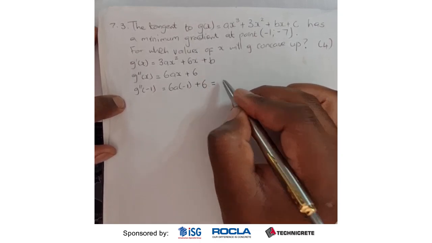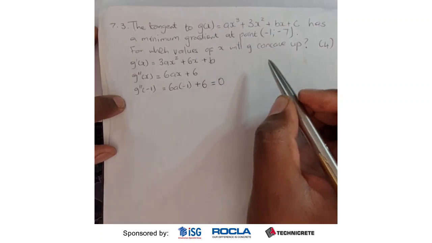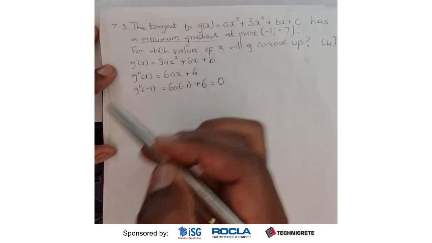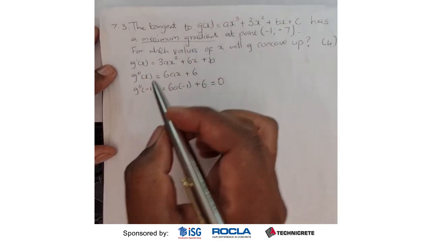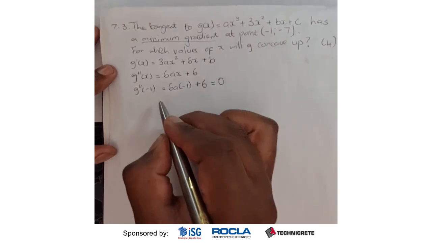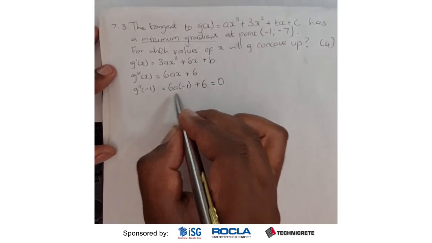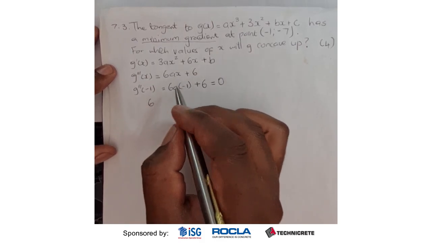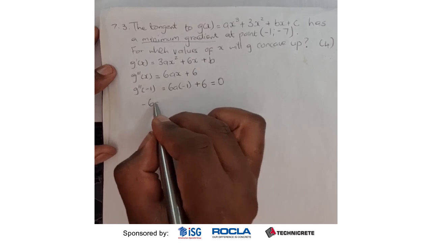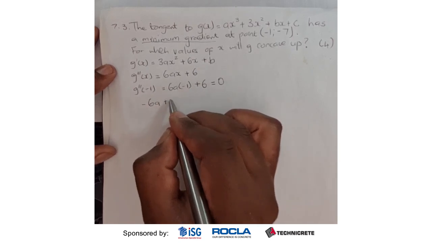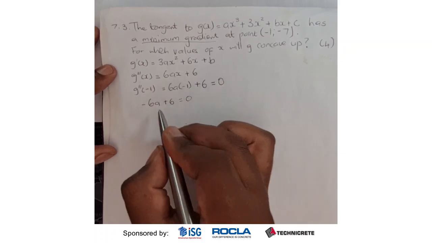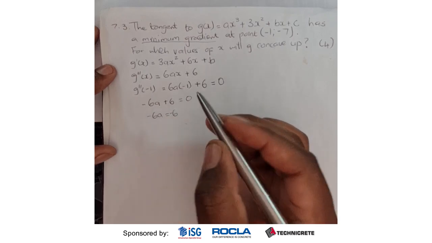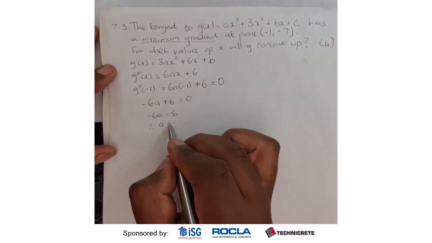And we have to then equate it to 0 because we are looking for the minimum gradient. Then when we solve for a, negative 6a, when we multiply this out, plus 6 equal to 0. What we are going to do is to say negative 6a equal to negative 6, and then our a is 1.